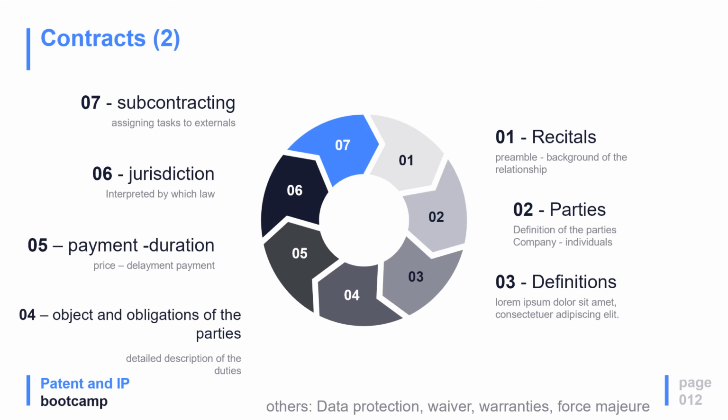There it should be handled the price and also how long this contract lasts, which law is used, so for example German law or law from the US, and whether it is also allowed to do subcontracting. So can some tasks be given to externals maybe? And there are lots of other clauses that should be included. It's also about data protection, waivers or also force majeure, how to handle this.